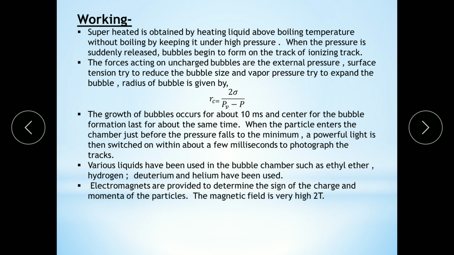Superheated liquid is obtained by heating a liquid above its boiling temperature without boiling, by keeping it under high pressure. It means that when the liquid is heated above its boiling temperature and then kept under high pressure, we say that the liquid is superheated.